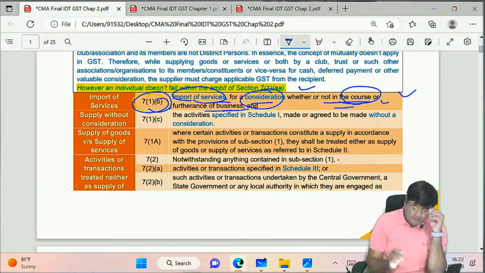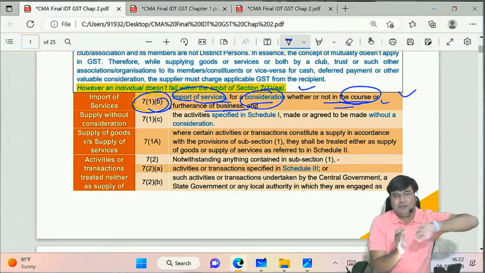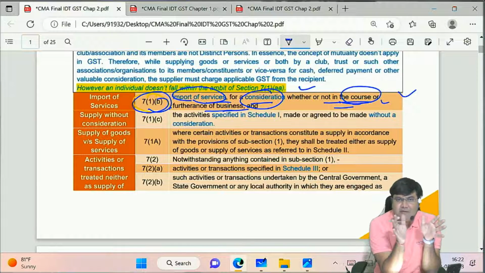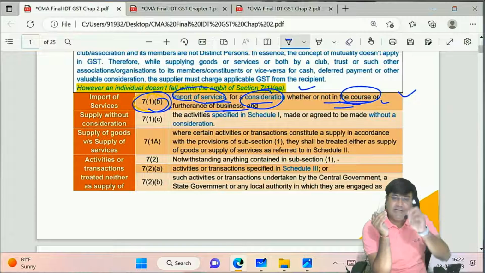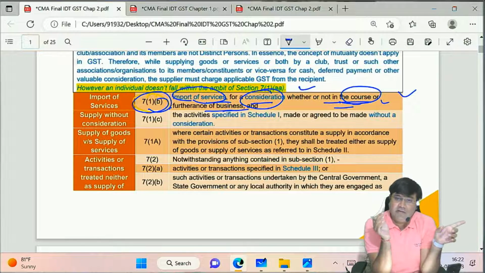Okay. Then let's assume that the first condition is not satisfied. We discussed two conditions. First condition is consideration. Second condition is in the course of furtherance of business. So let's assume the first condition is not satisfied, meaning consideration is not there, but it is in the course of furtherance of business.